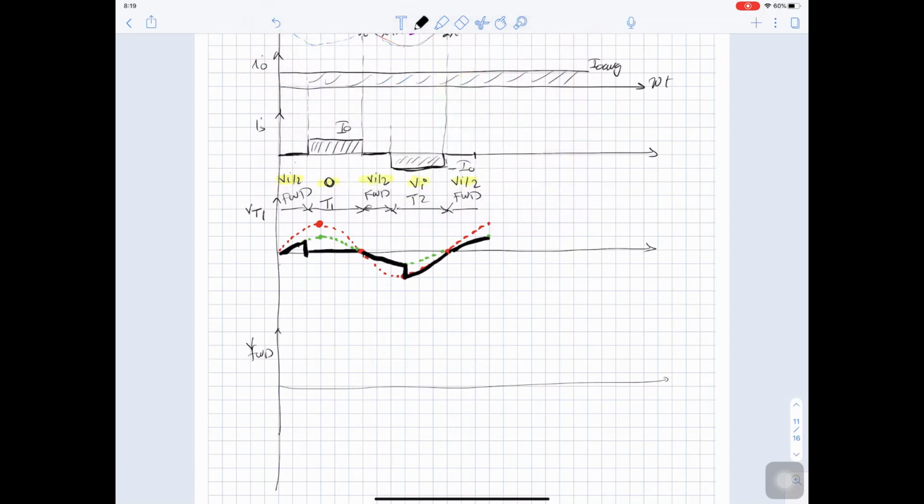So the peak here is Vmax. The peak here is Vmax over 2. The peak here is minus Vmax over 2. And the peak here is negative Vmax. And this voltage is V thyristor 1. I'm just following these values that we got from the circuit.